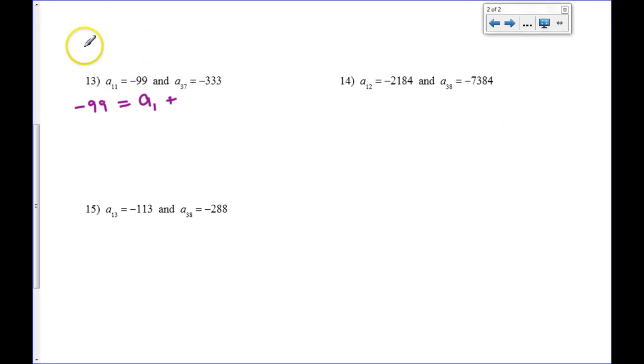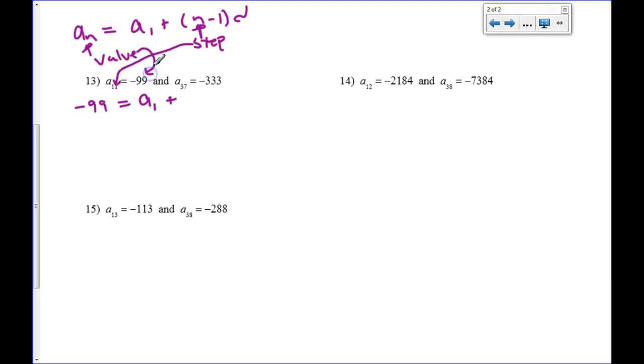Okay, so remember that our explicit formula is a sub n equals a sub 1 plus n minus 1 times d. On all of these, we don't know A1 and we don't know D. But we do know what step it's at. We know that that's the step, and that's the value that we have. So the step is this one, and the value is this one.